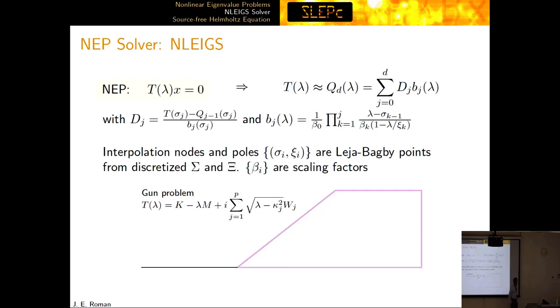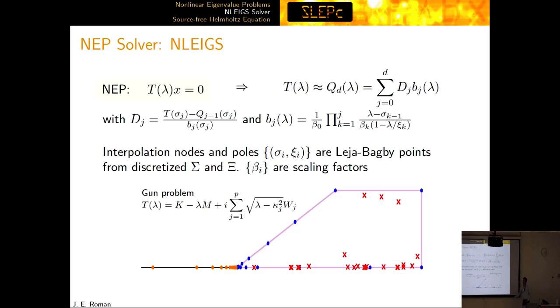So we pick poles and zeros from here. The zeros of the approximation are here, and these are the poles. With this, we can run the solver and compute the eigenvalues that are inside this region. Okay? So this is the approximation.